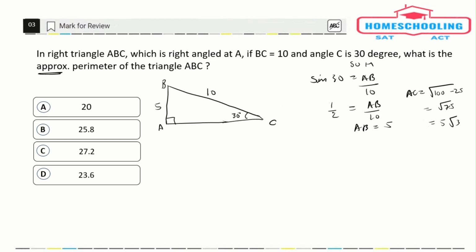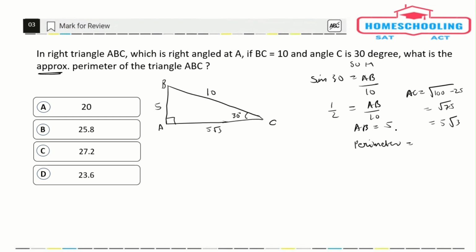Now we can calculate the perimeter by adding all the sides. So this is 5 root 3. If we add this, 5 under root 3 would be somewhat around how much? Let me calculate. 5 into 1.73 is going to be around 8.6.